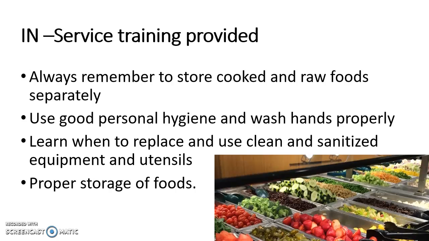If a utensil is exposed too much outside or kept in public, it should be cleaned and sanitized properly. There should be proper storage of foods, such as what we learned in training: in what freezer, in what sections, which food should be placed.